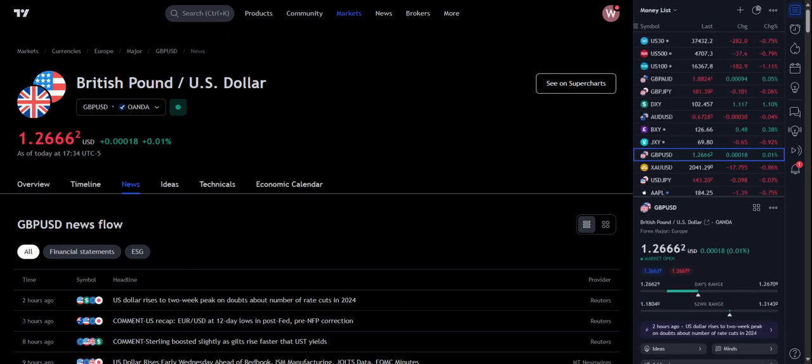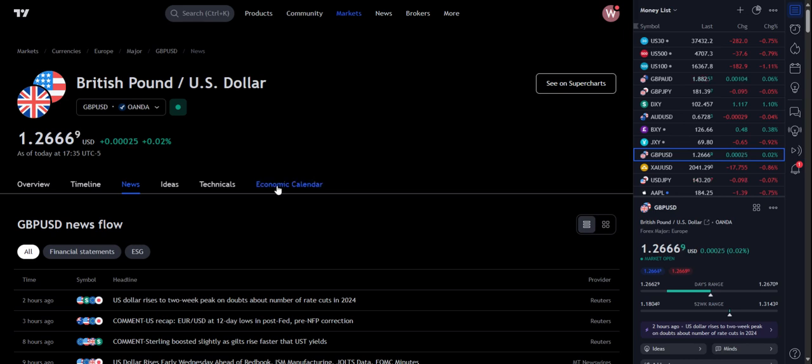Whether it's the British pound and the US dollar, then obviously any news article talking about the US dollar, the Fed, or articles talking about the British pound and the Bank of England are going to give you insight into different headlines that could help you make a determination. If those headlines are negative, then we have an idea of a potential movement that could push the value of either one lower. If those headlines are positive, then we could have an opportunity or an idea that could push the value of those currencies higher.